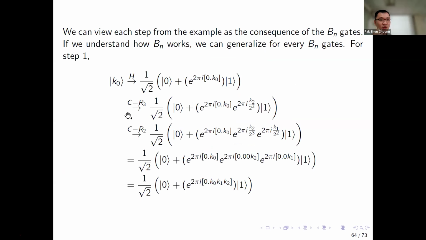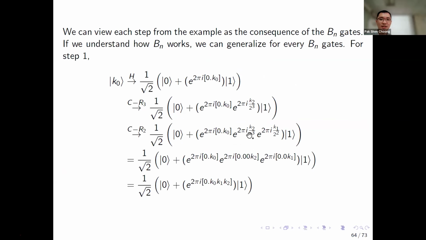Then you perform the control rotation R3, so you get a phase on the 1 state and nothing from the 0 state. Then you perform the control rotation R2 again. You get nothing from the 0 state and something for the 1 state. Now you look at this.